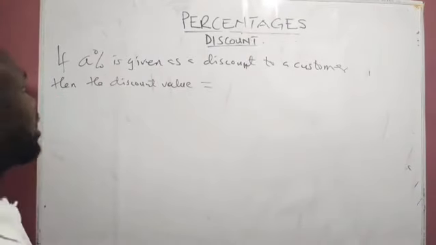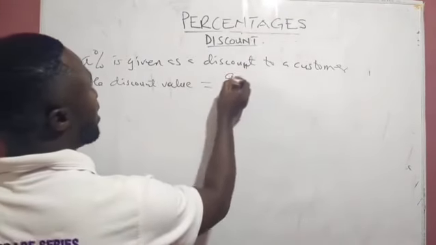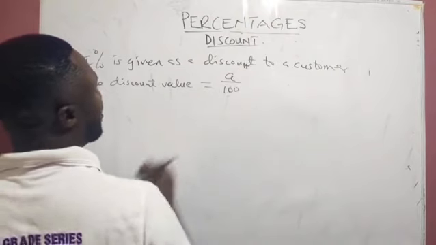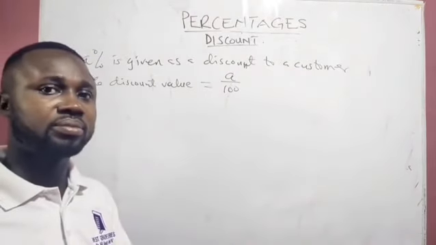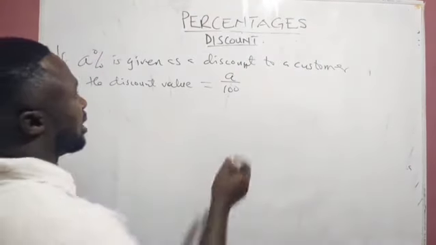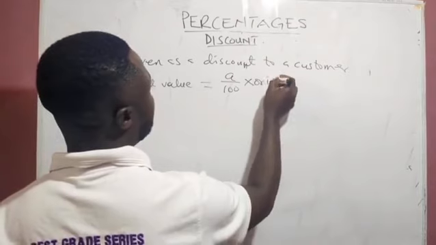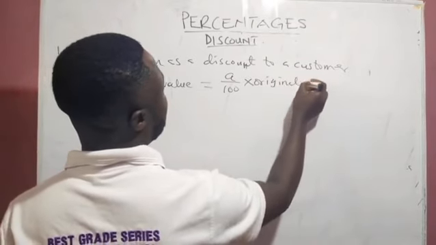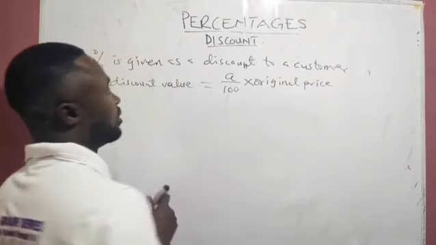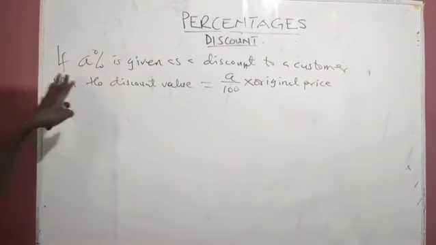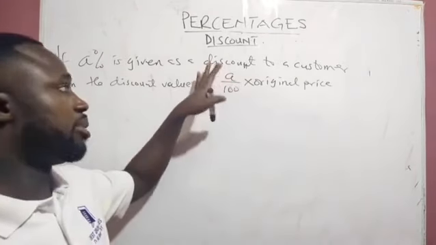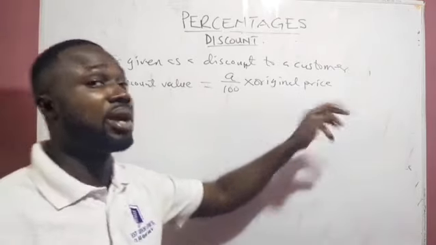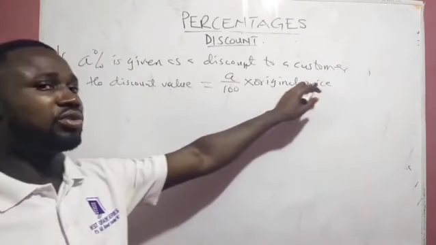The actual value of the discount is the A divided by 100. What is the 100? The 100 is the price of the item, the original price. So the discount value is the percentage divided by 100 times the original price. Note, 100% corresponds to the original price.